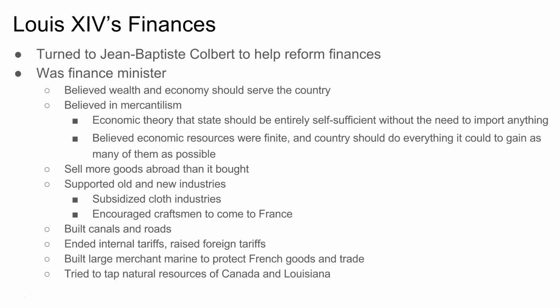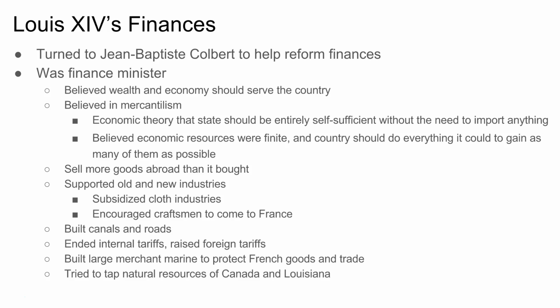So the wealthier the country, the stronger it was, was the thought process by Colbert and really almost everybody, because that just makes sense. And Colbert is a real big proponent of an economic theory known as mercantilism. And mercantilism as an economic theory is multifaceted, but the idea is that the government should regulate the economy in order to make the economy work for the government.